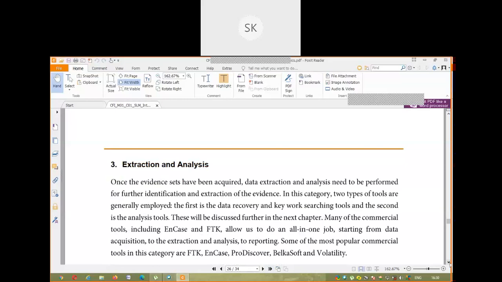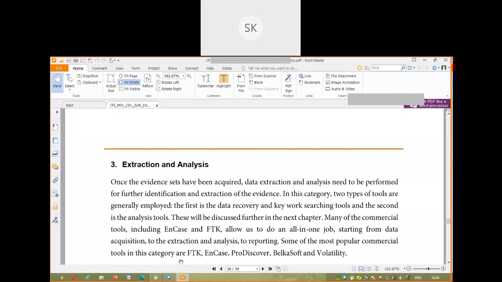FTK is a very important tool and can be used for data extraction and analysis. In the next page we will learn about reporting. FTK is also used for reporting, so this is very important.